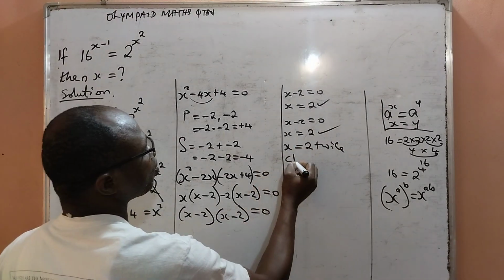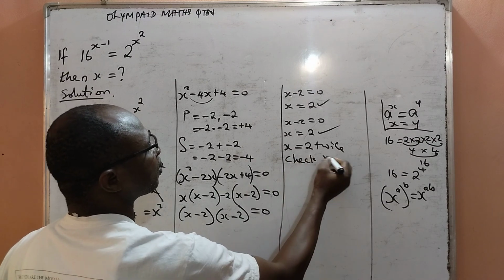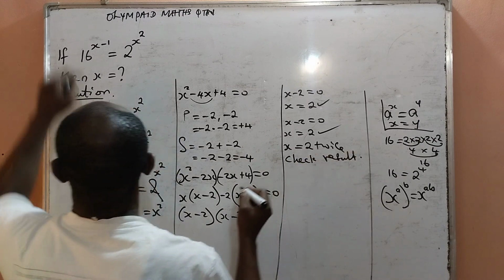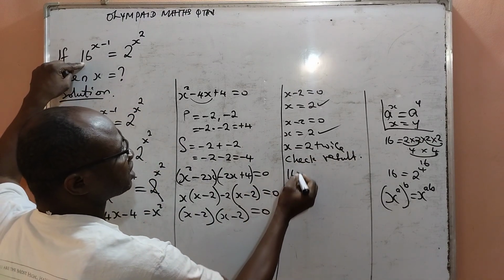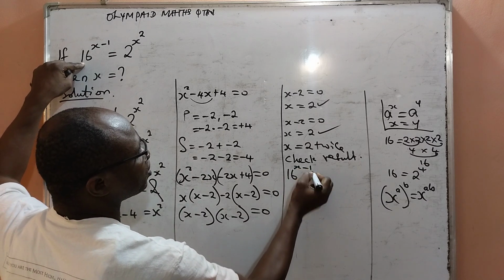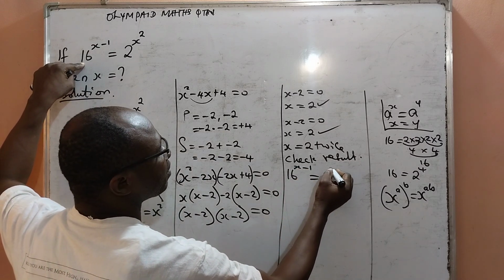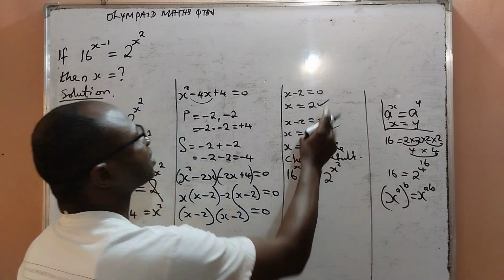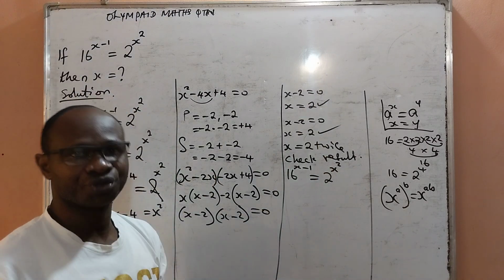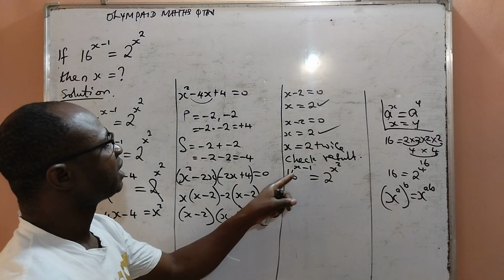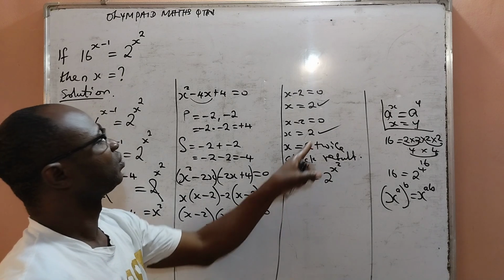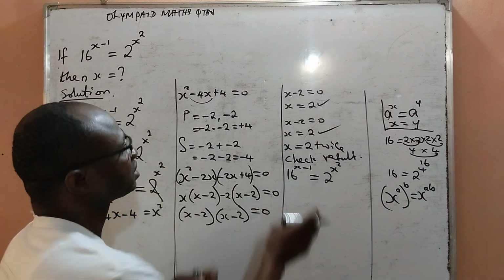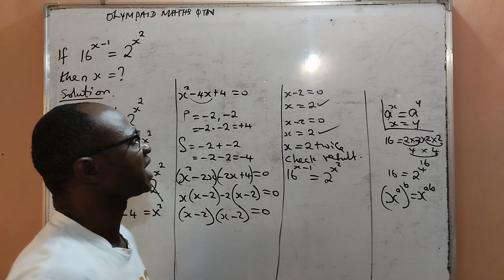Check result. We want to see if what we have solved is correct. From the original question, 16 raised to power x minus 1 equal to 2 raised to power x, all raised to power 2. Since my answer is 2 twice, I replace x with 2 to see what the two sides of the expression will look like.